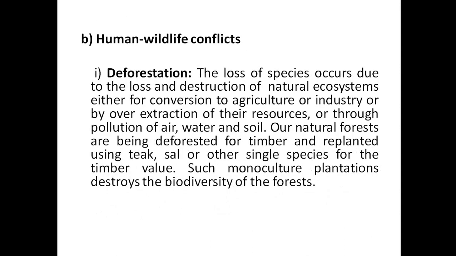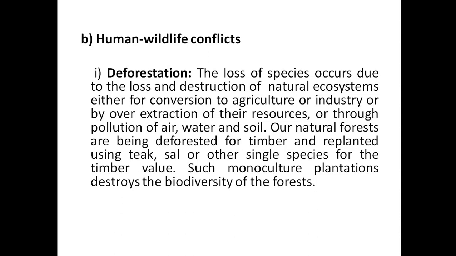Next is human-wildlife conflicts. So here, deforestation and desertification are the two ways which can lead to loss in biodiversity. Number one is deforestation, and you've already studied it before.